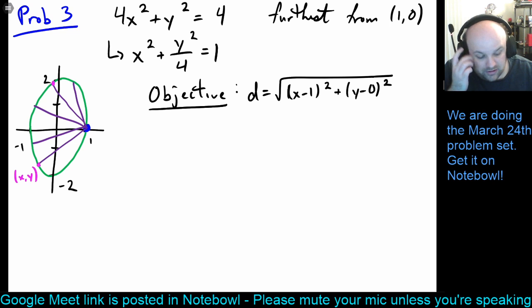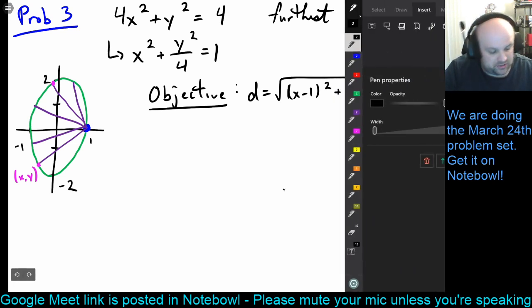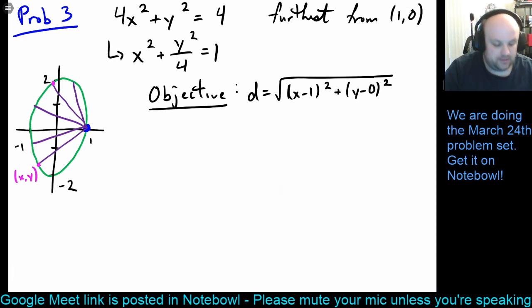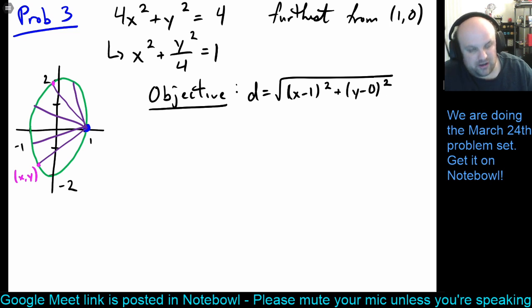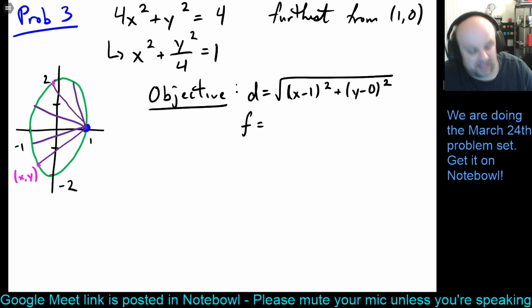Now, you might also remember, I gave a whole argument in the lecture video for why this function's pretty complicated to deal with. So since this function is always positive, I'm going to replace d with something I'm going to call f, and it's just going to be the square of this.